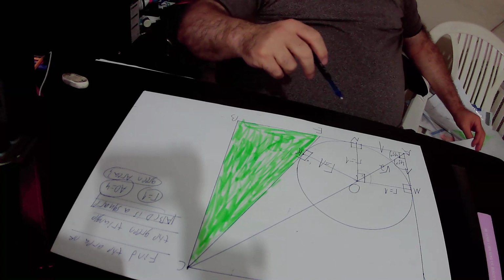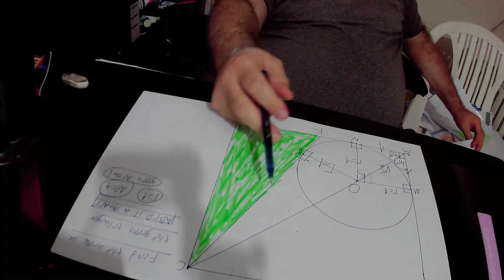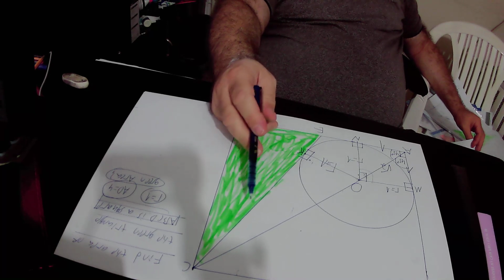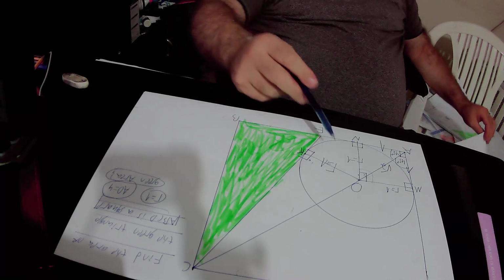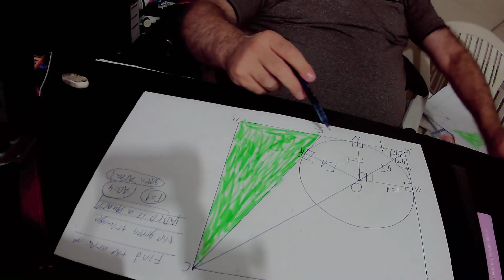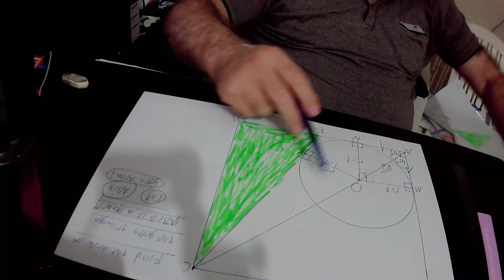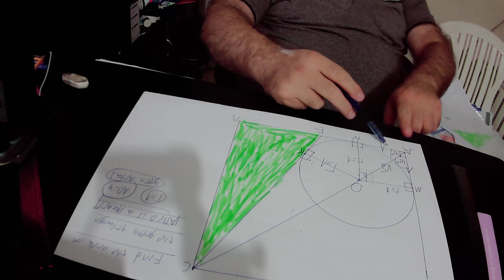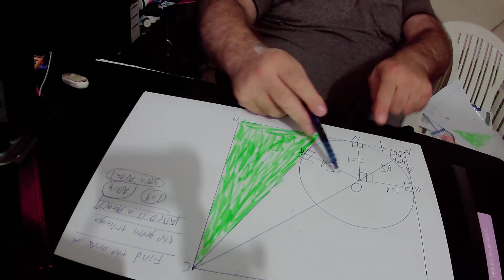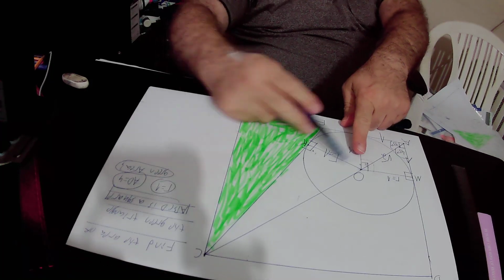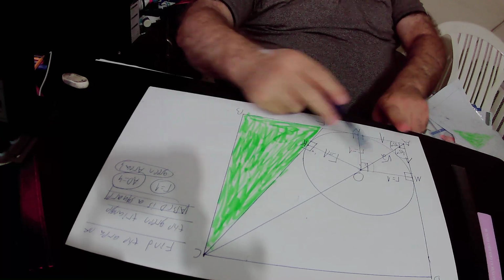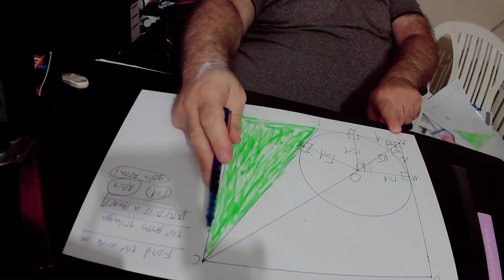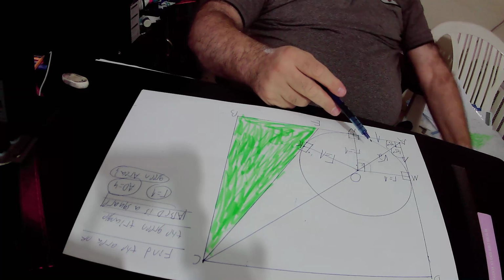So what is the length of CO? You can see from the drawing that CO equals AC minus AO. Again, CO equals AC minus AO. So I write it down.